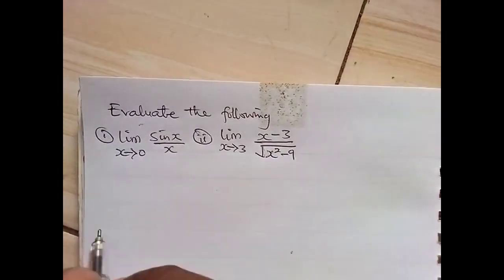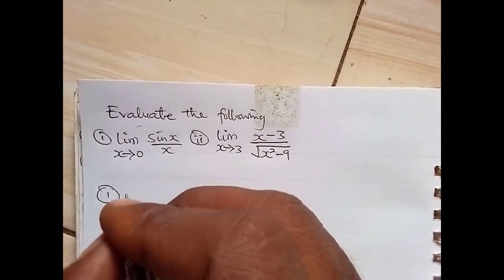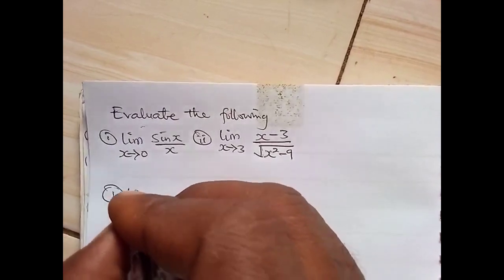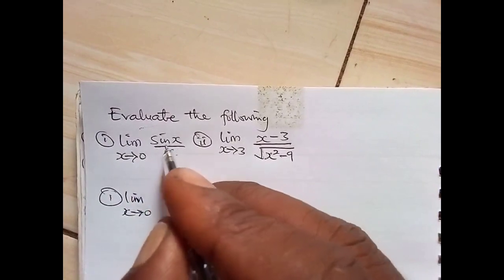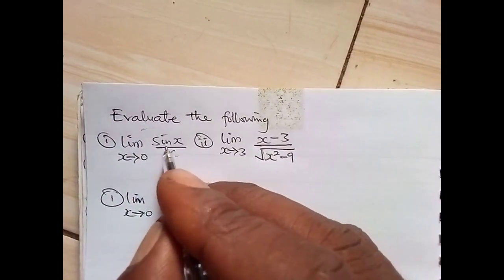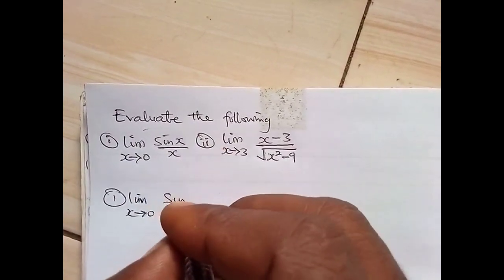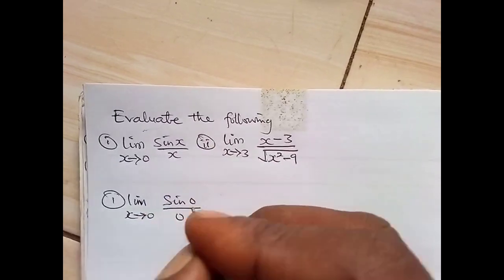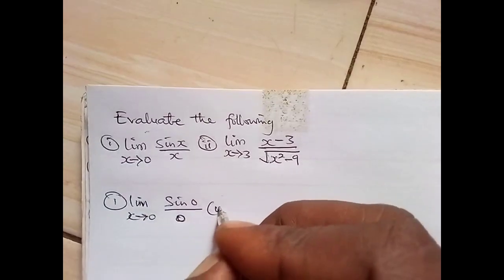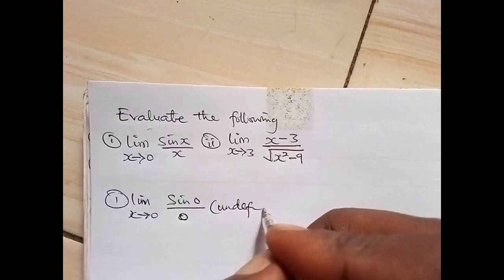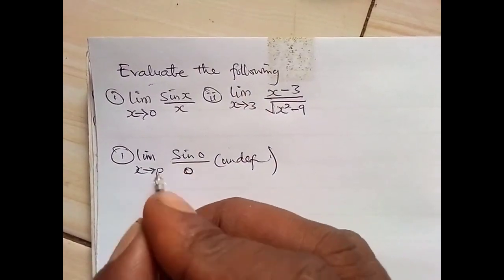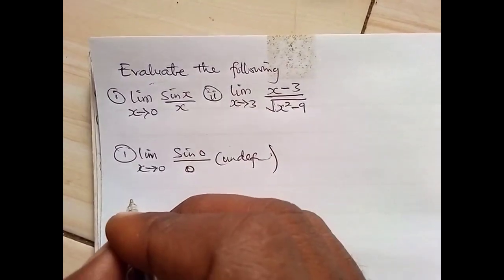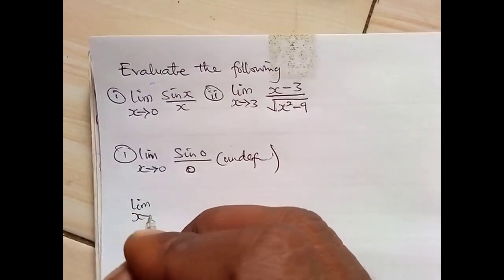Now, this is the second question. Let's do the first one. As x tends to 0, if you go straight and just say 0, direct substitution, you have sine 0 over 0, and this will be undefined. So what we're going to do first of all is to differentiate them separately.